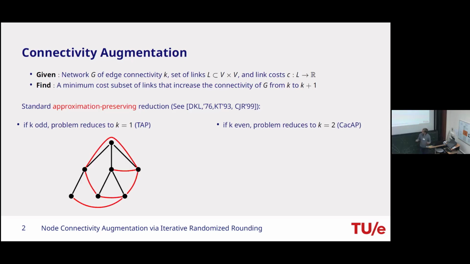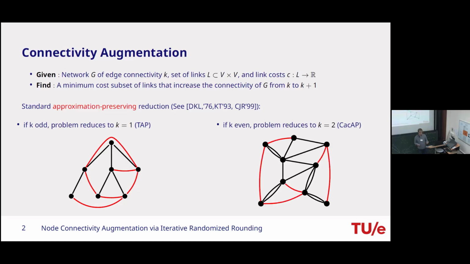When K is 1, we have the tree augmentation problem discussed by Vera earlier today. In this case, the tree is just the black nodes and edges, and the links are the red edges. If K is even, it becomes the Cactus augmentation problem, just discussed by Afruz, where here we have in black the graph and in red the links.